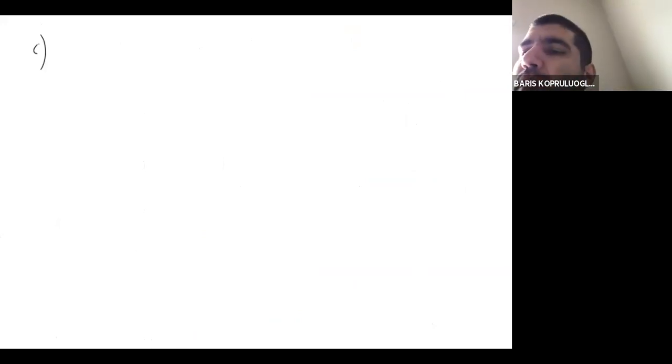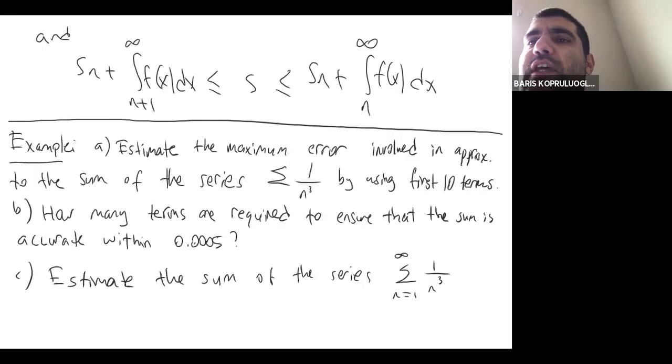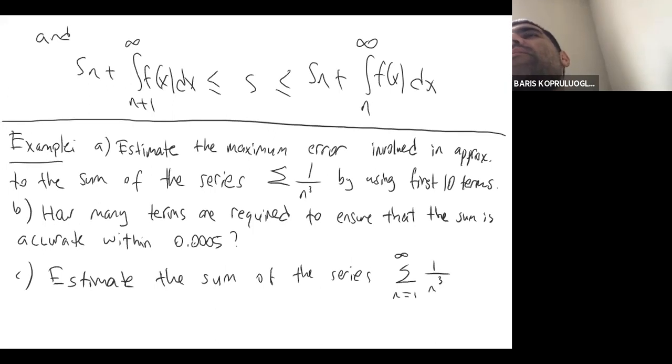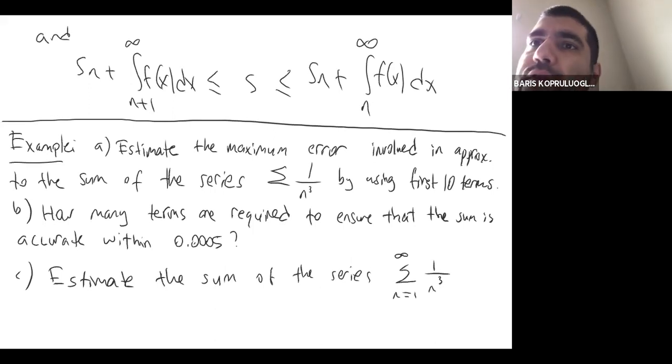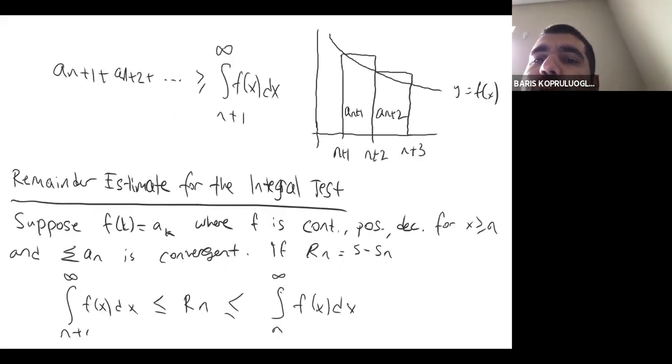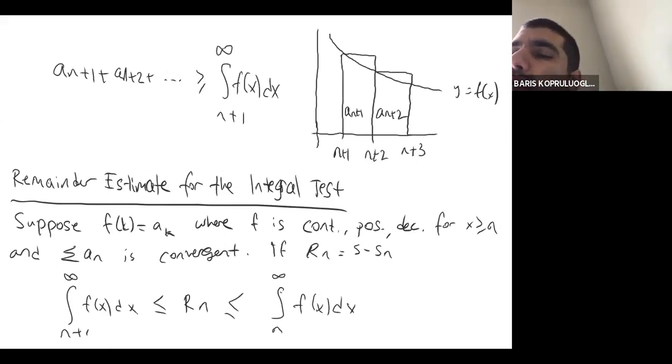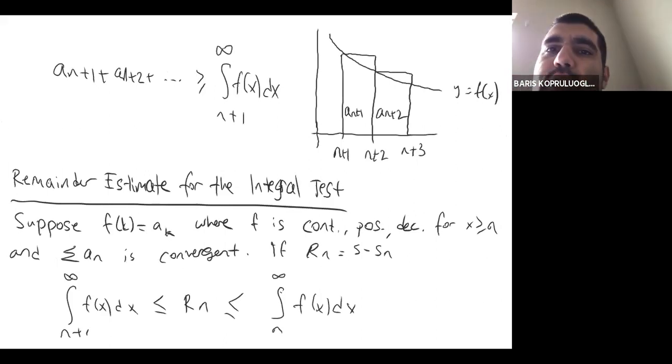So this time we're going to use the formula that gives us an interval or an inequality for the actual sum S. Basically, we're going to add Sn to the right-hand side and the left-hand side of the original remainder inequality. This is what I mean.